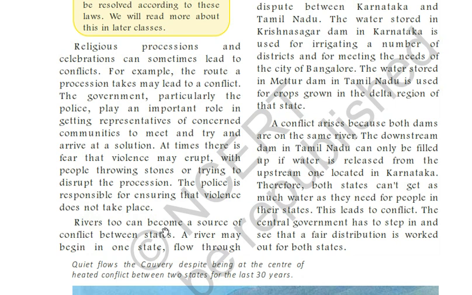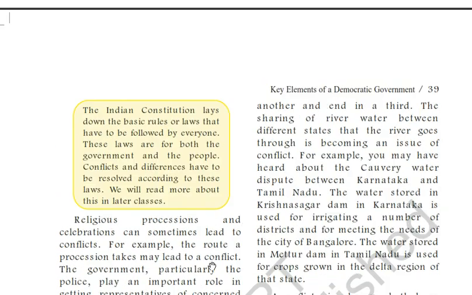Rivers too can become a source of conflict between states. A river may begin in one state, flow through another, and end in a third. The sharing of river water between the different states that a river goes through is becoming an issue of conflict.